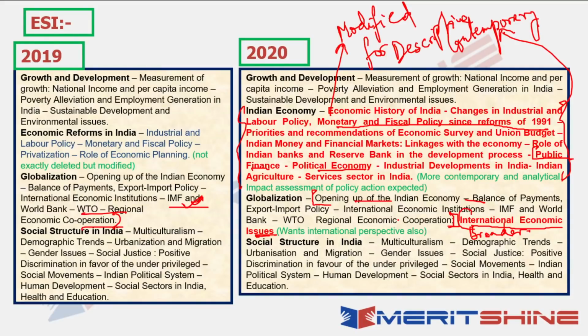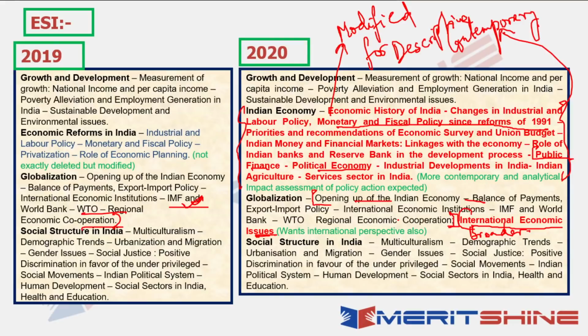Now, what does it mean? It means that, understand, today globalization is a given for all of us, and our economy is working inside that globalized framework. If you look at the 1991 crisis that we had, after that we slowly moved towards a more globalized economy. When we are moving towards a more globalized economy, it means we are adopting the changes that are accepted across the globe as positive and progressive changes, right?